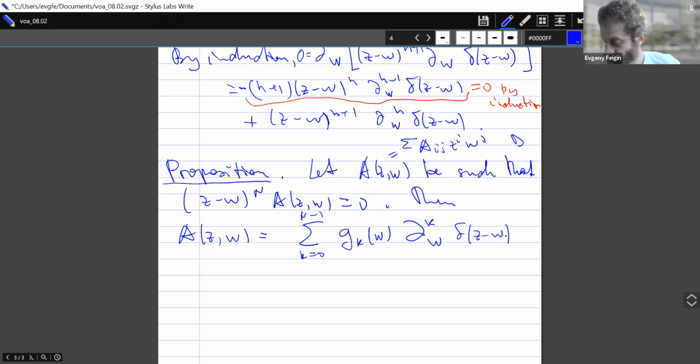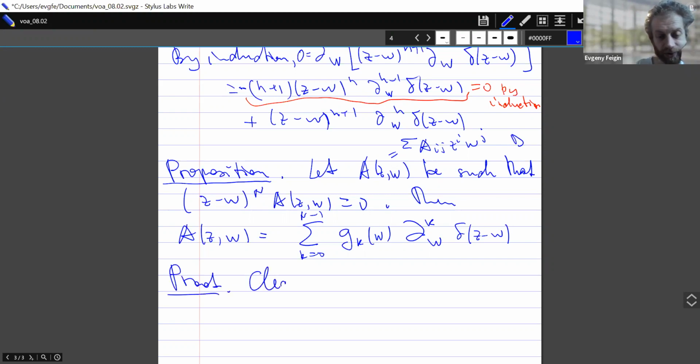Okay. So the claim is just that any solution of this (z minus w) to the n times A being 0 can be written in such a form. And maybe I should also add that with g_k of w uniquely defined.